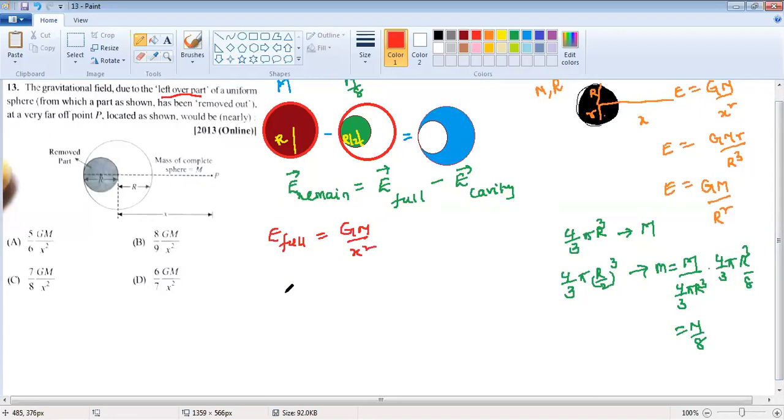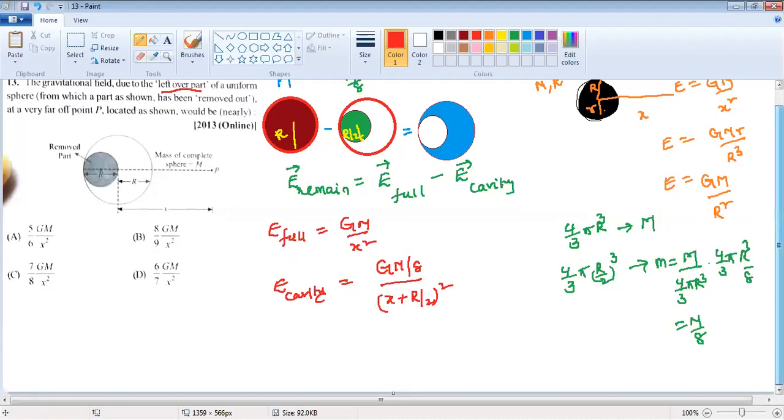Now, what is the field due to the cavity part? Cavity means the removed part. It is removed from this center, and from this center the distance is x plus r by 2. Now this is G M by 8, the mass is M by 8, over x plus r by 2 whole square.